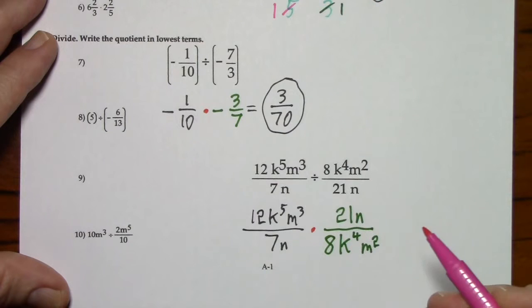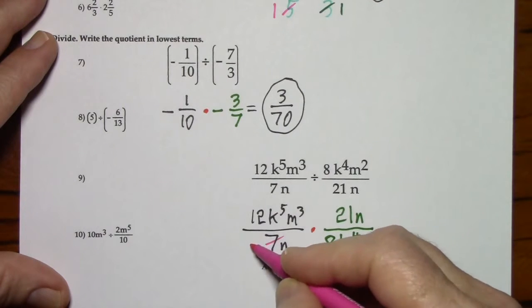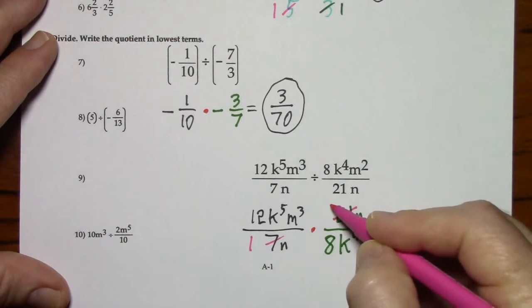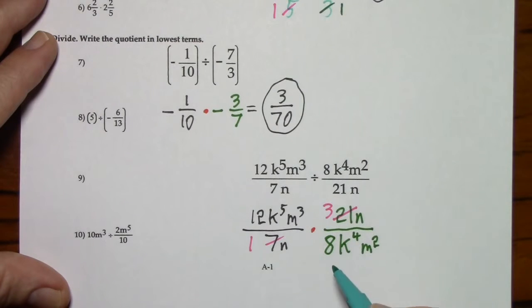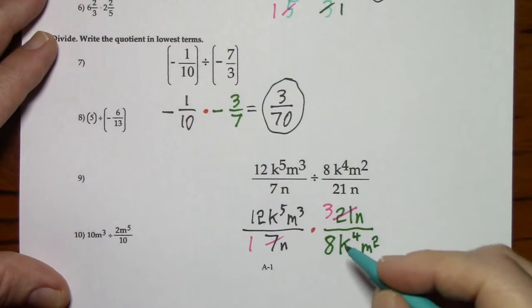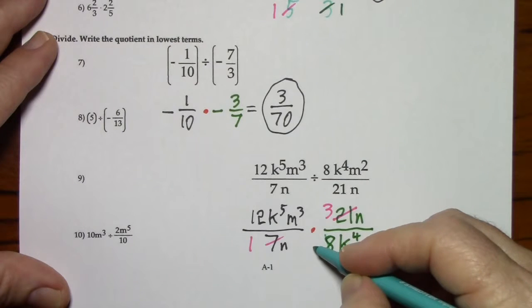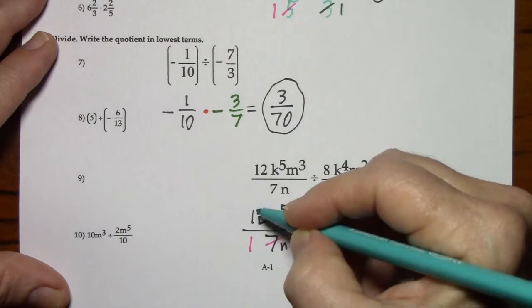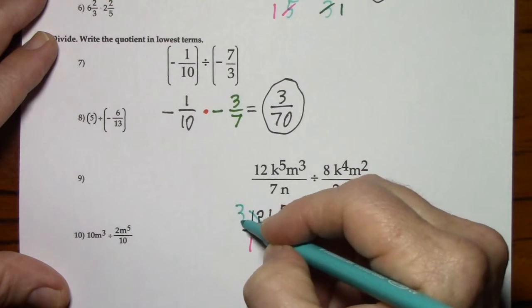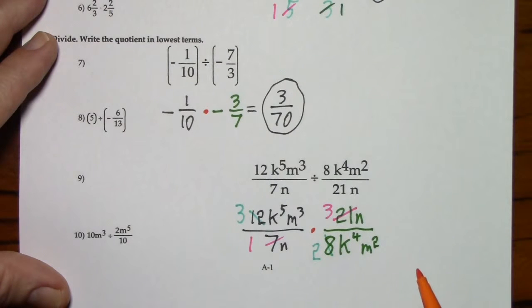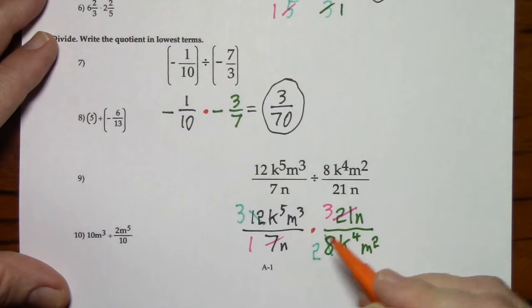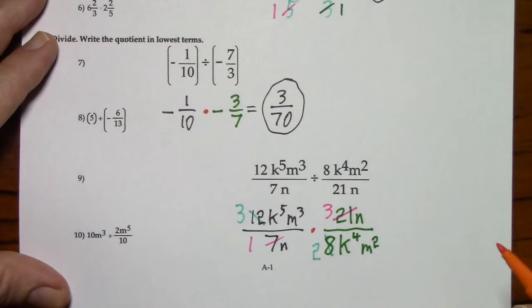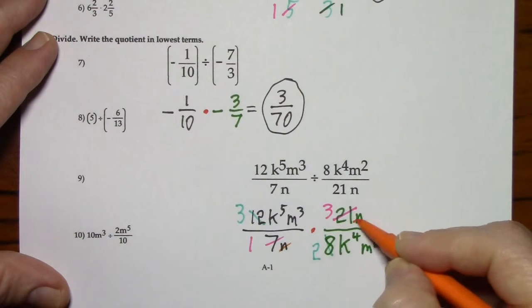With 7 and 21, I can divide by 7, divide by 7. With the 8 and the 12, I can divide by 4 and divide by 4. Turning our attention to the variables, I'm going to divide by n and divide by n, but it's easiest to just say the n's cancel.